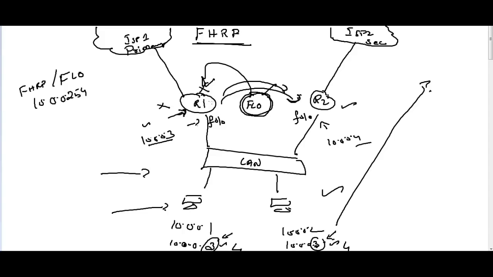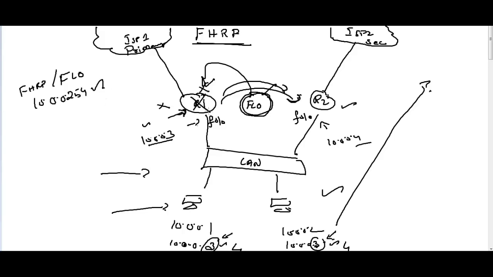If I say attached, you may wonder who attaches it. No, nothing like that. That's for our understanding. I'm saying the floating router will be on R1. To say it very simply, this address will be with R1.